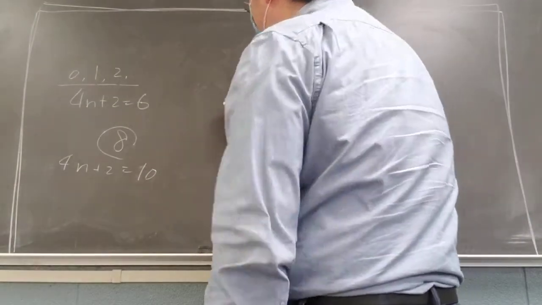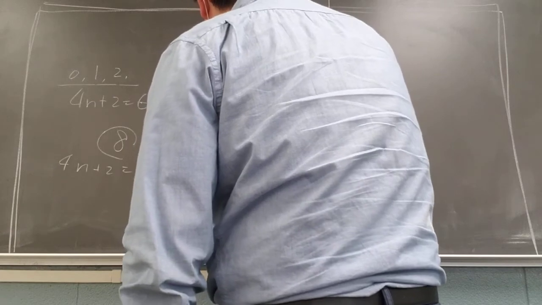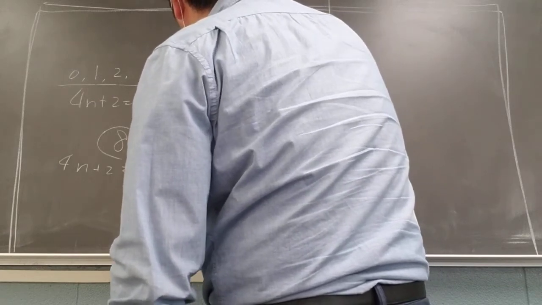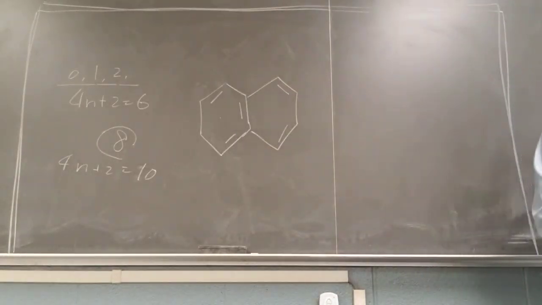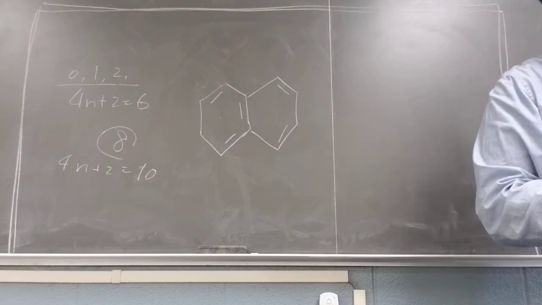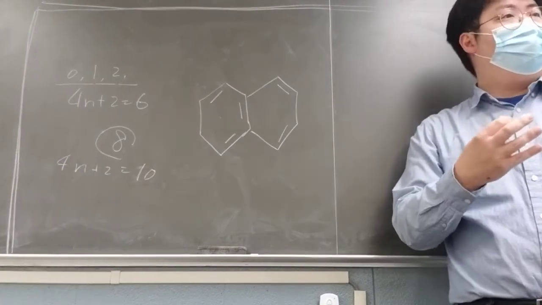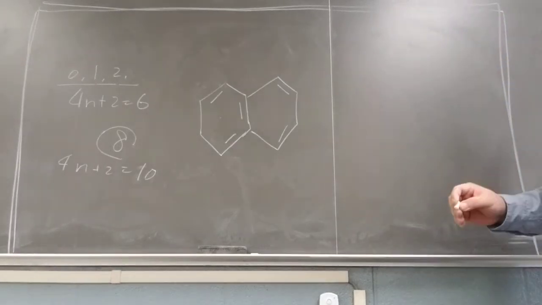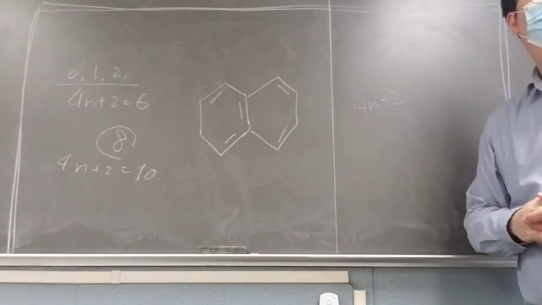Let's try another one. If we have this one instead, let's try another 1 or 2 minutes and see if it's aromatic or not. I'll probably give you several compounds and let you choose the one that is aromatic by simply using Huckel's rule, which is 4n plus 2.